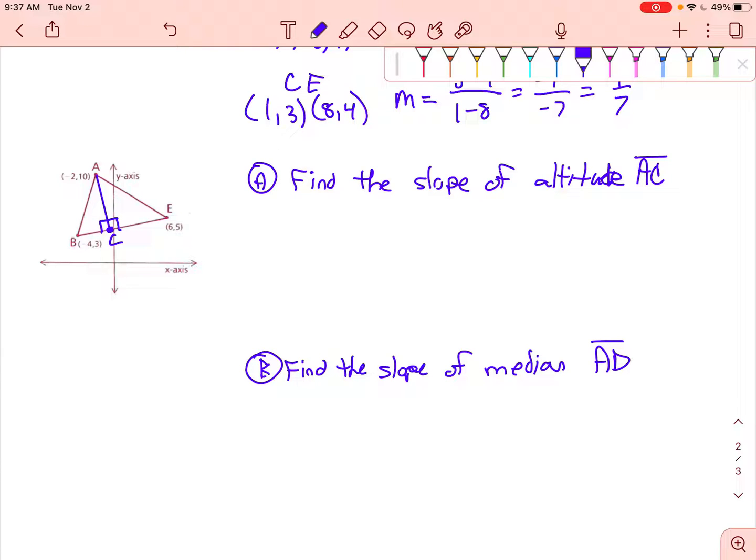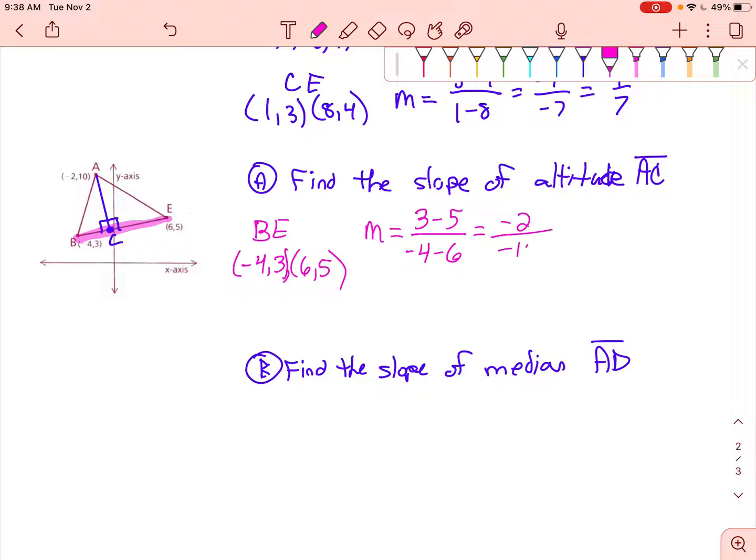I don't know what point C is, so in order for me to do this, I can actually find the slope of BE. Okay, so watch what I'm going to do. I'm going to find the slope of BE. So B is the point (-4,3), and E is the point (6,5). So the slope of BE is y minus y, so 3 minus 5 over -4 minus 6.